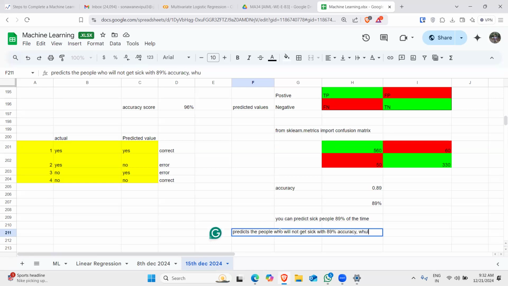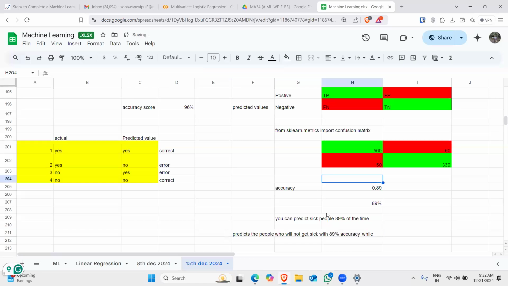But we were interested in the accuracy of predicting patients who are sick.